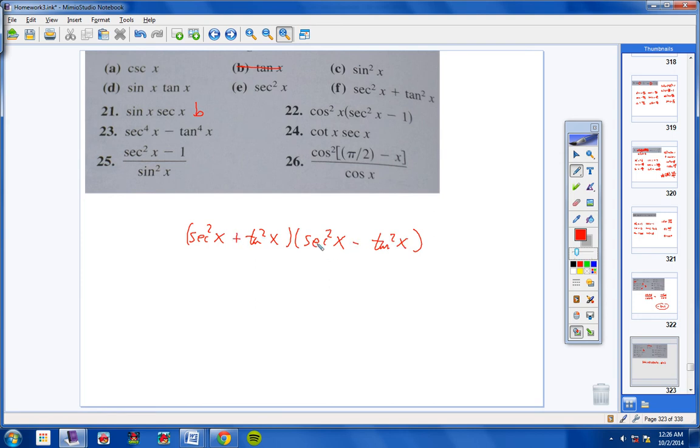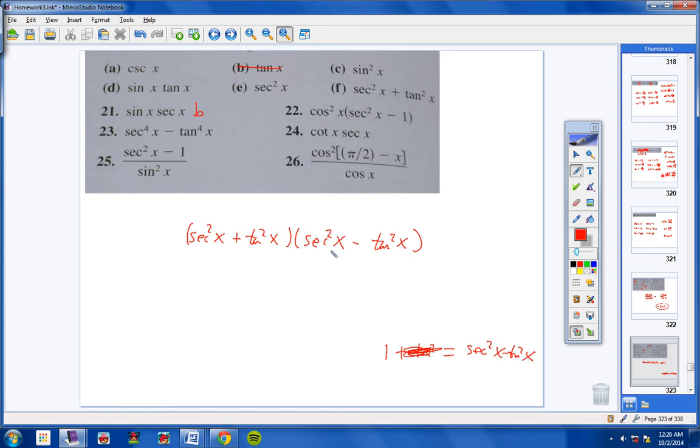Now, look at your trig identities. Do we have anything? I think we do. On your trig identity sheet, you're going to see this. 1 plus tangent squared equals secant squared. Now, let's see. Hey, look at this, students. If I bring the tangent over here and make it negative, look at that. 1 equals secant squared minus tangent squared.